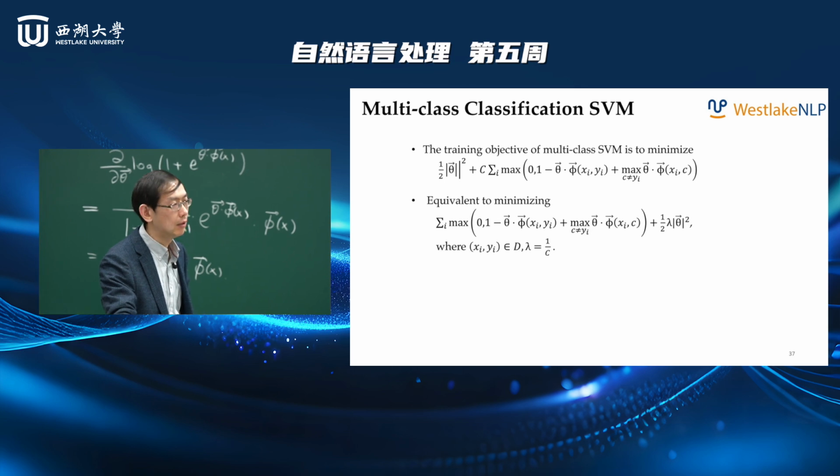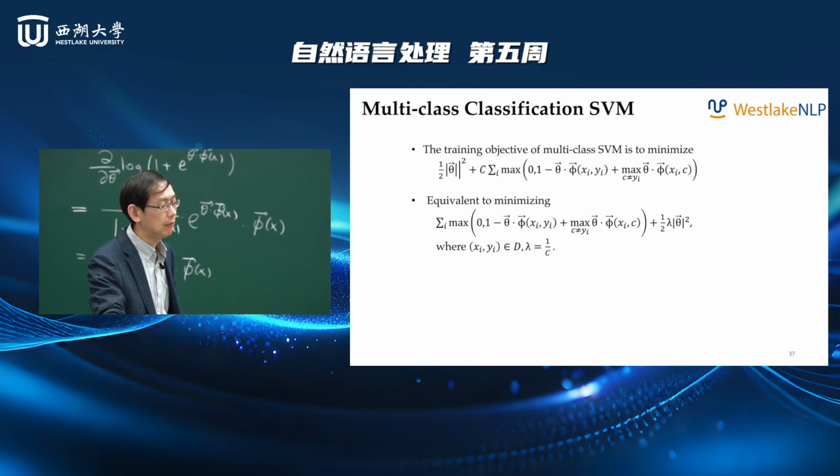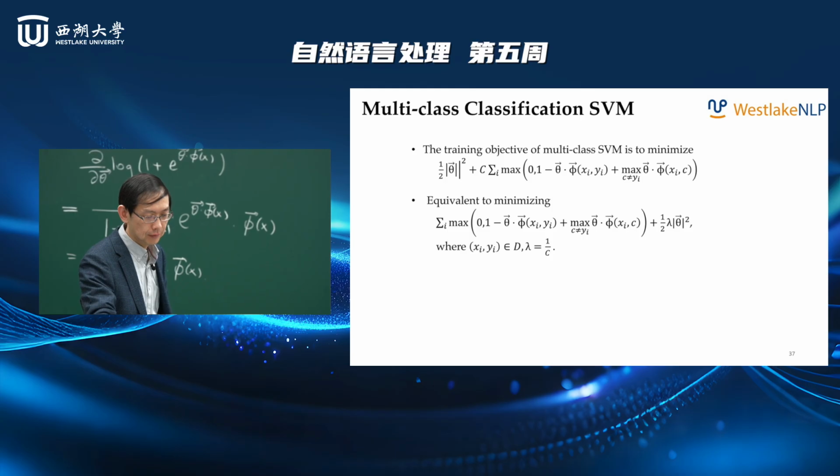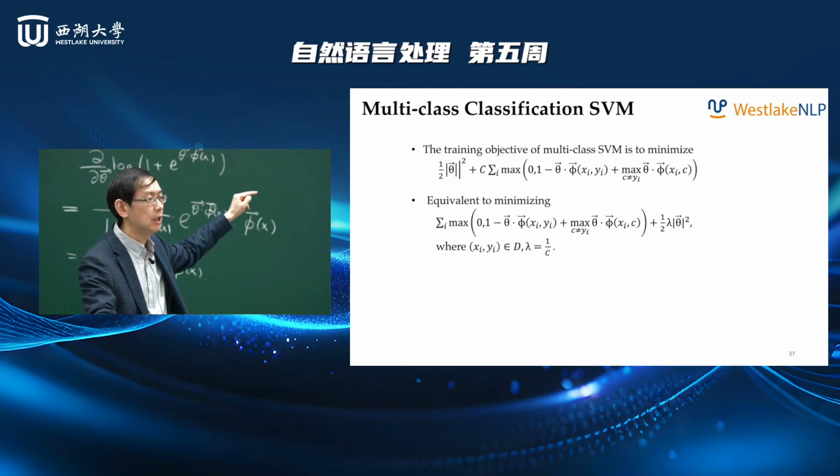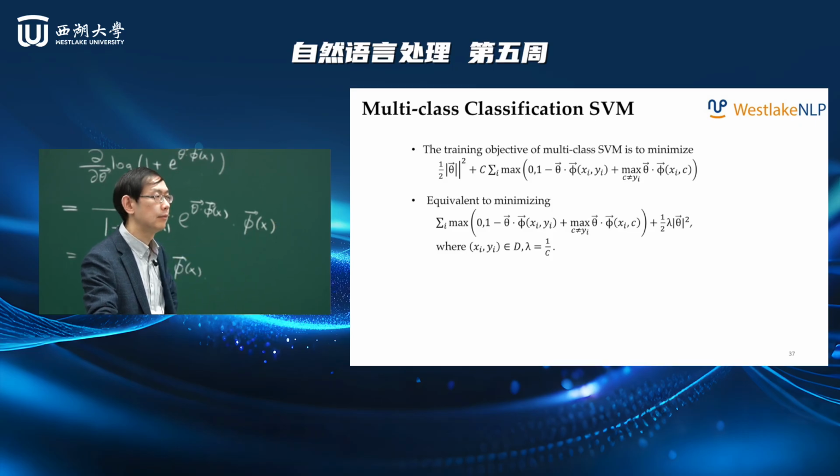I have a C term to weigh the margin and the violation. If I turn this C into 1 over lambda, I get an equivalent training objective. Obviously, minimizing the first equation is the same as minimizing the second equation.